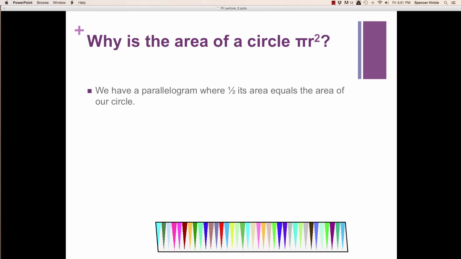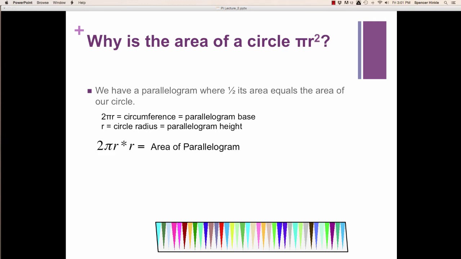Okay, we have a parallelogram where half its area equals the area of our circle. Remember, 2 pi r equals the circle's circumference and also the base measurement of our parallelogram. So let's substitute 2 pi r for base and the radius for the height.